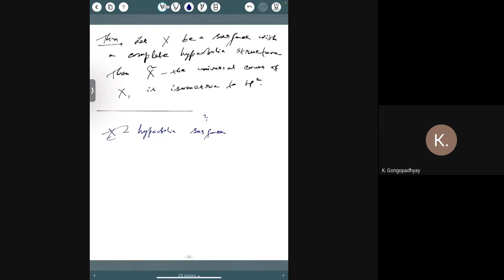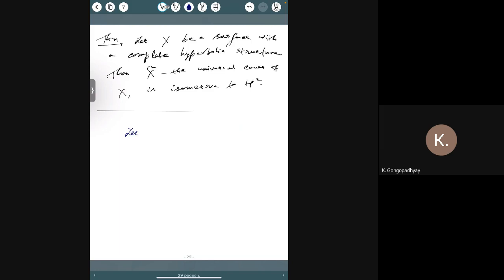So let me write down a comment here. To each hyperbolic structure, there is a... sorry, let me start with a hyperbolic surface.